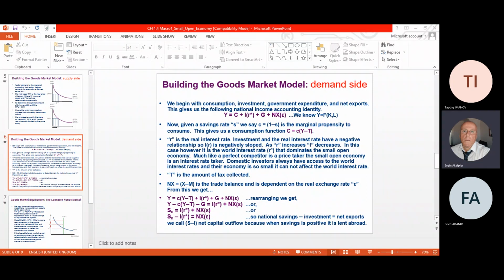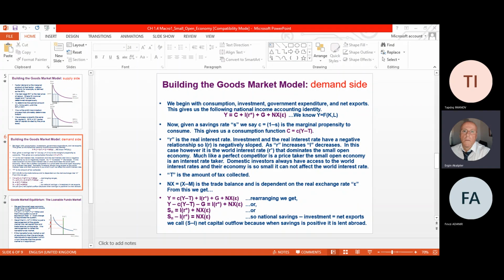We are rearranging it. And when we recall this, the saving minus investment, which is a function of the real interest rate, becomes NX. As mentioned in the capital flow in the former slides, it is just a rearrangement of the goods and services in the market into the net capital flow. Inflow and outflow will then give you this, and then the trade balance will be realized. This is the rearrangement, the so-called loanable funds market, which is represented on this graph.